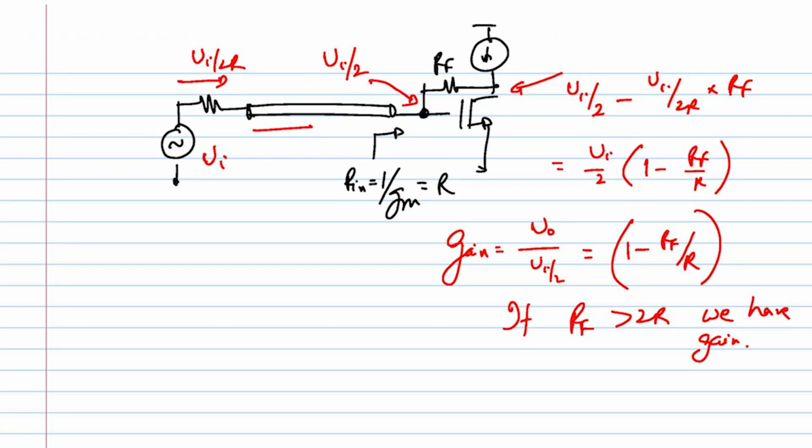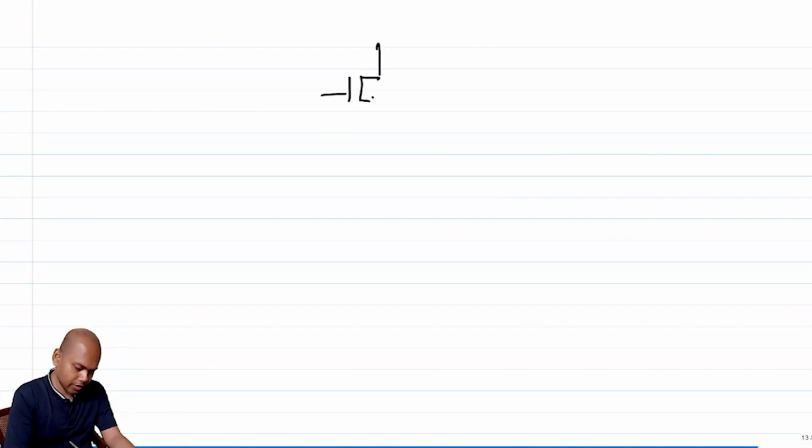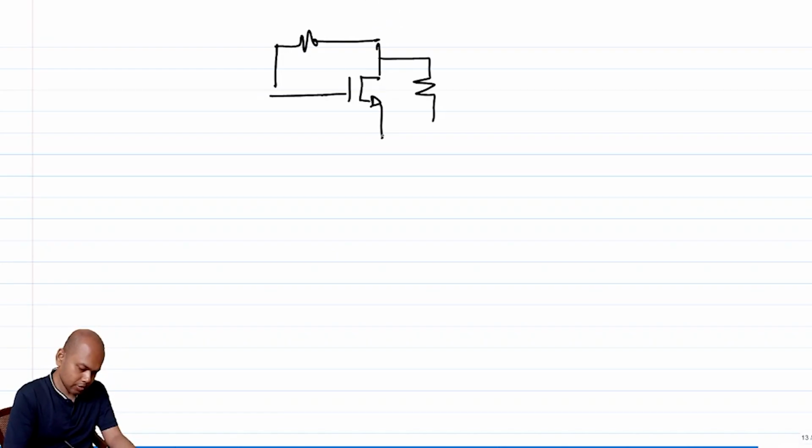Again, like before, we have neglected GDS, but if I don't neglect GDS, you can do this yourself. I'll give you the answer. If I don't neglect GDS and if I simply do the incremental models, what is the looking in impedance?